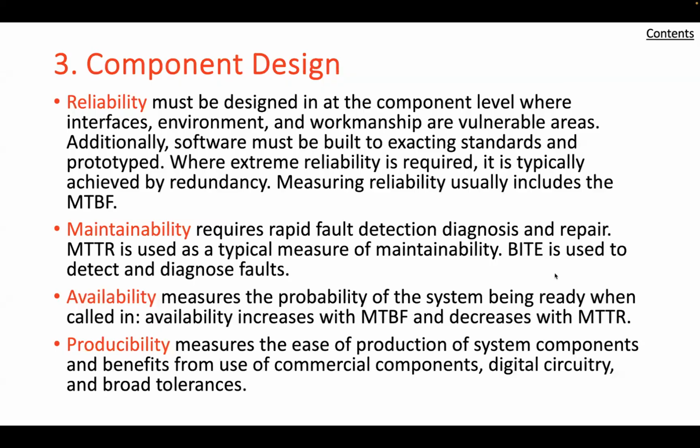Continuing on with the second half of component design, we'll talk about reliability, maintainability, availability, and producibility. There are some large sections that give some mathematical development that I'm going to skip, so I would refer you to the textbook to read over that.